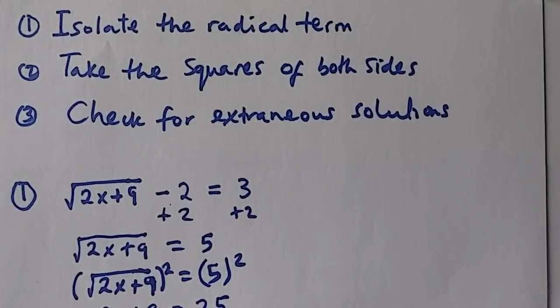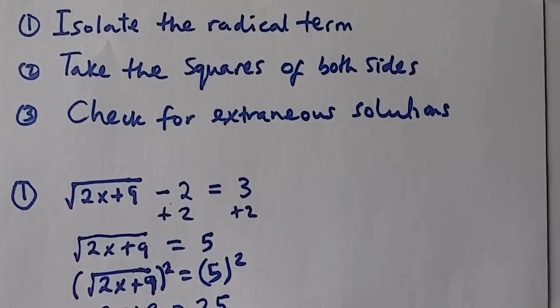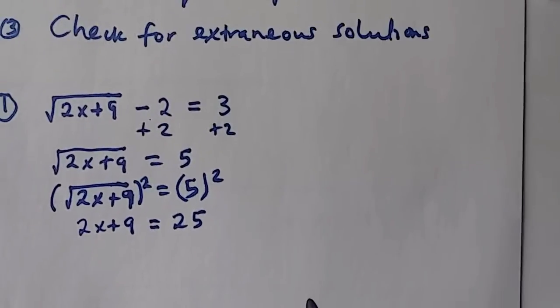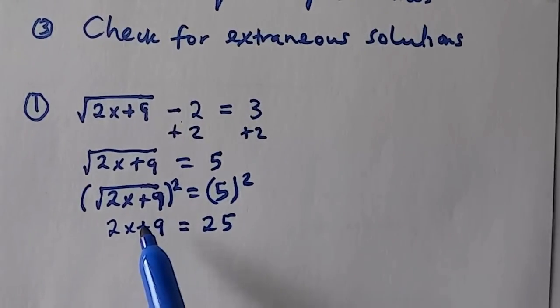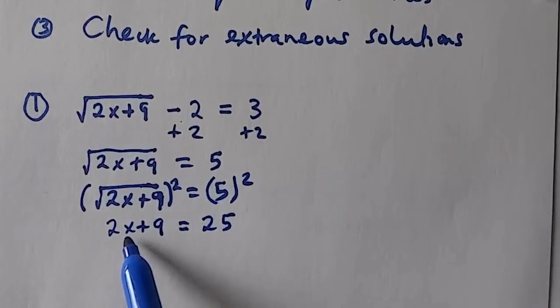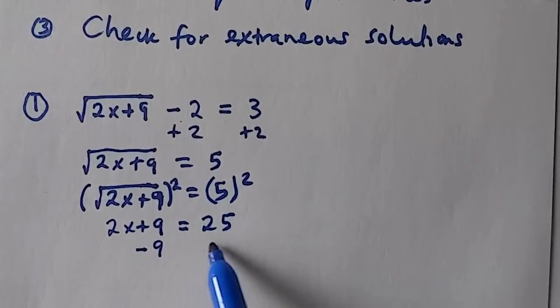Now this is a simple linear equation that we can solve. We can isolate the x by itself, so we're going to subtract 9 from both sides.